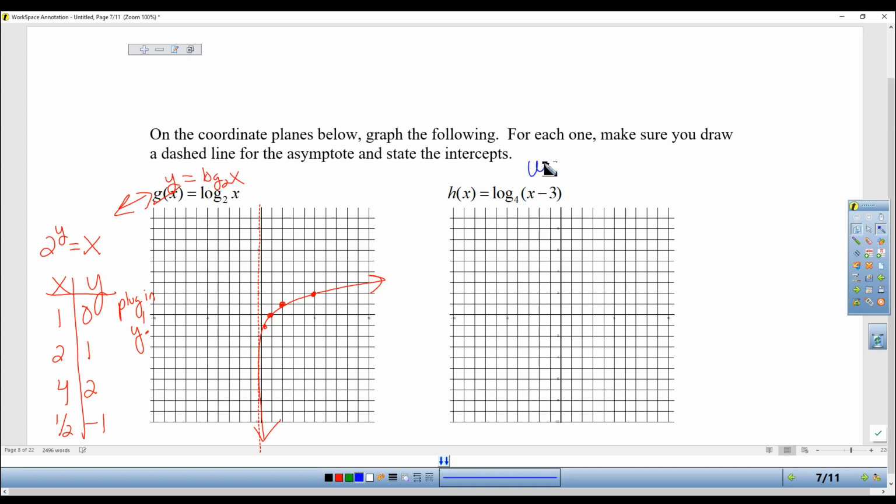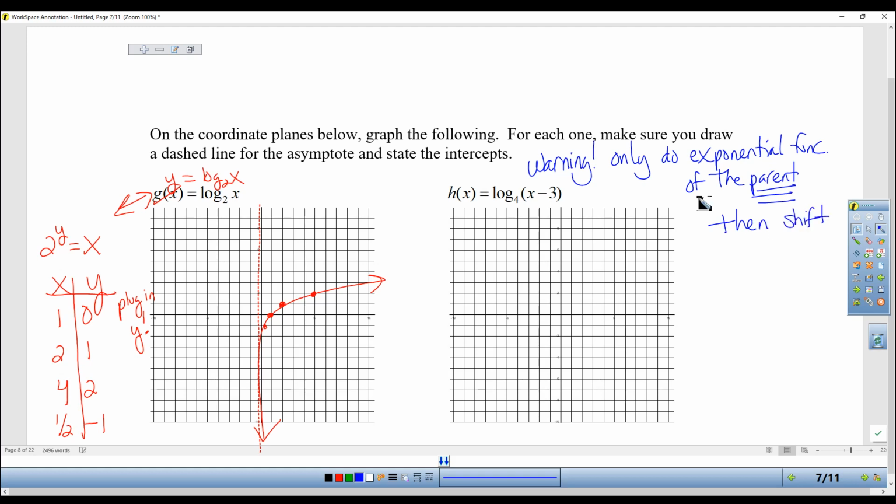Okay, so here's my giant warning. Only do the parent exponential function, then shift. So I wouldn't try and switch this whole thing.